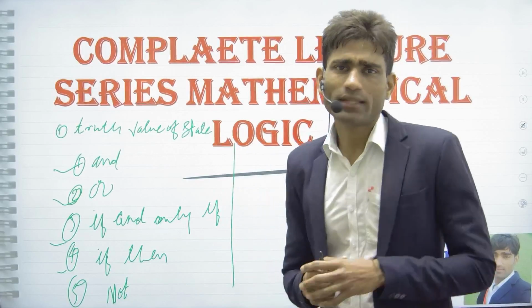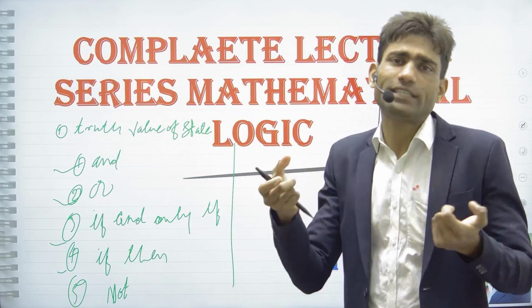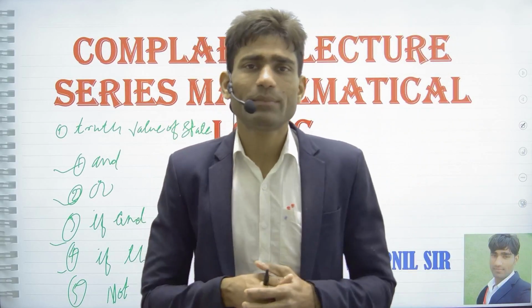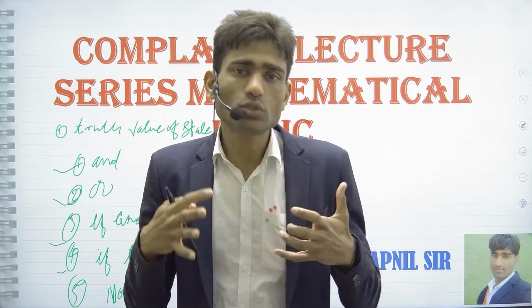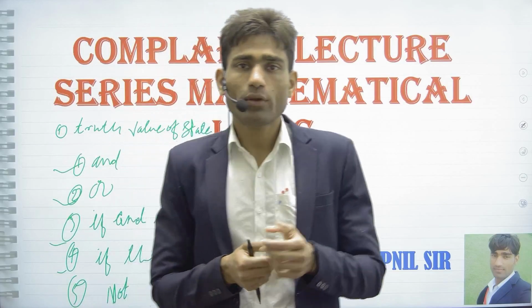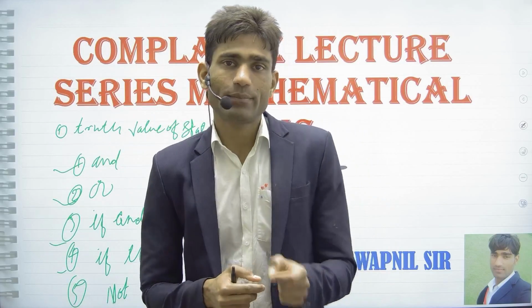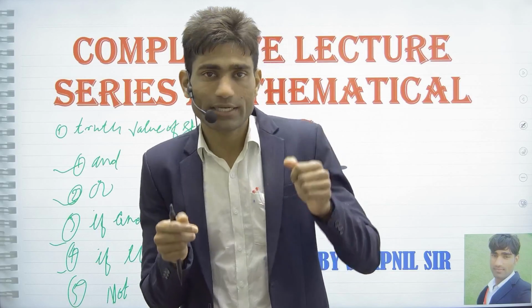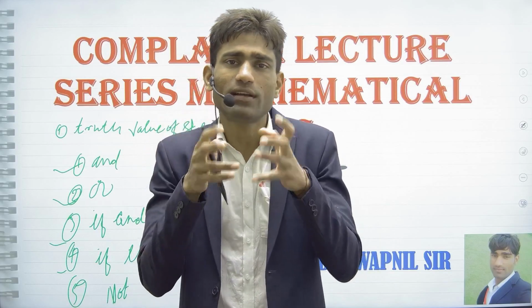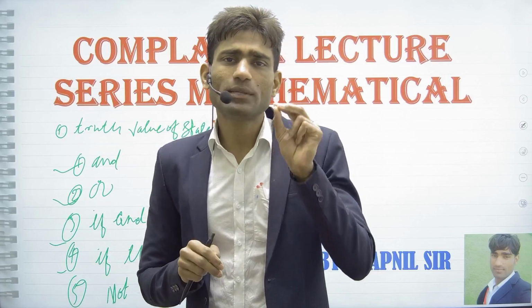If we take two different statements, P and Q, we have to take the possible truth values for these statements. If I consider one single statement P, it is either true or false, so there are only two possible truth values.